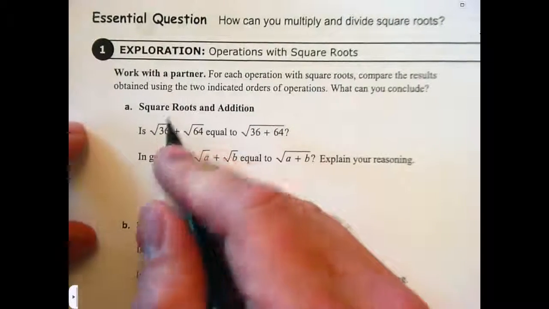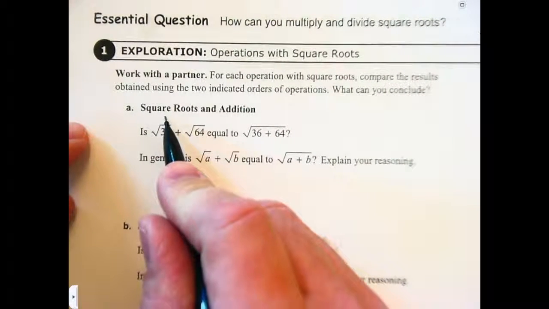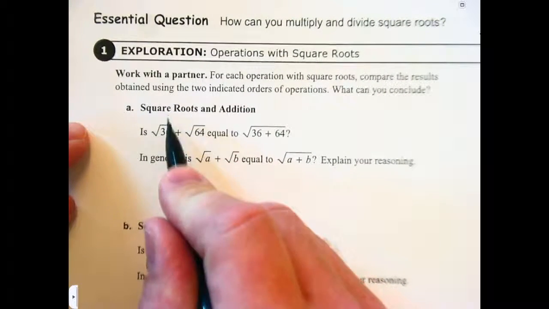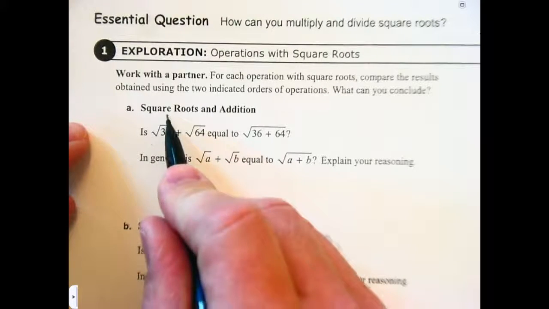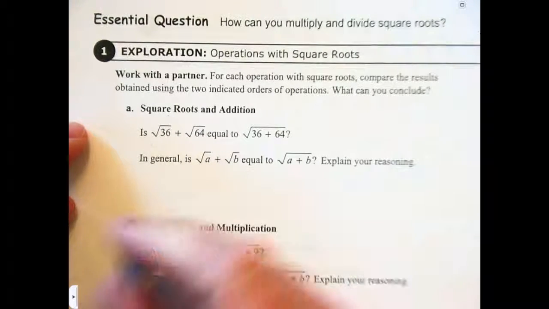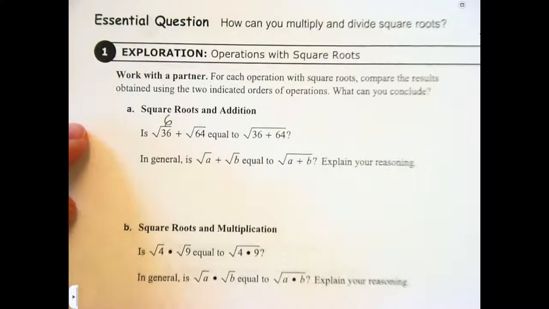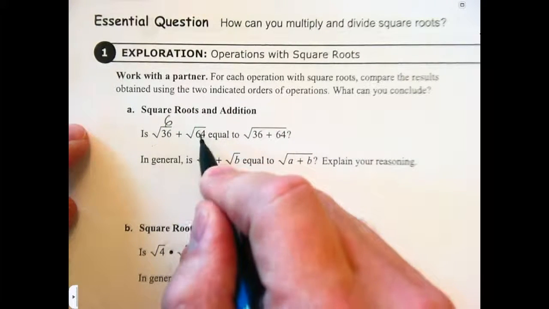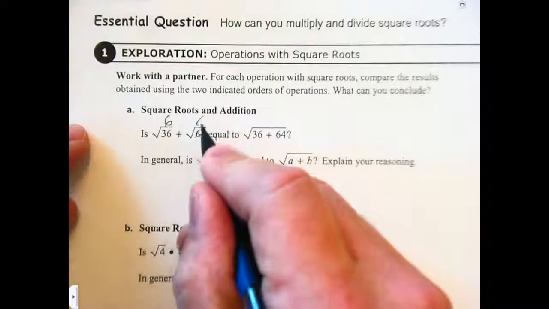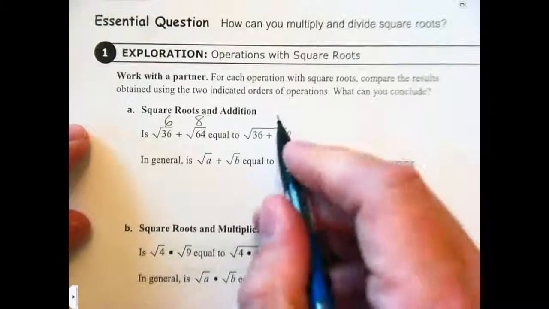All right, Quentin, what'd you get right here? Okay. Square root of 36? 6. Okay, Zach, grab it right here. 8. And Kaylee, what'd you get here?